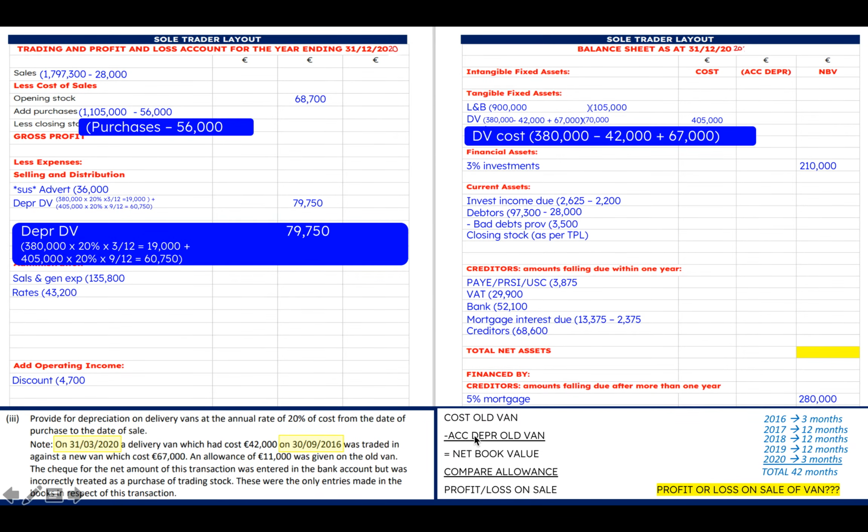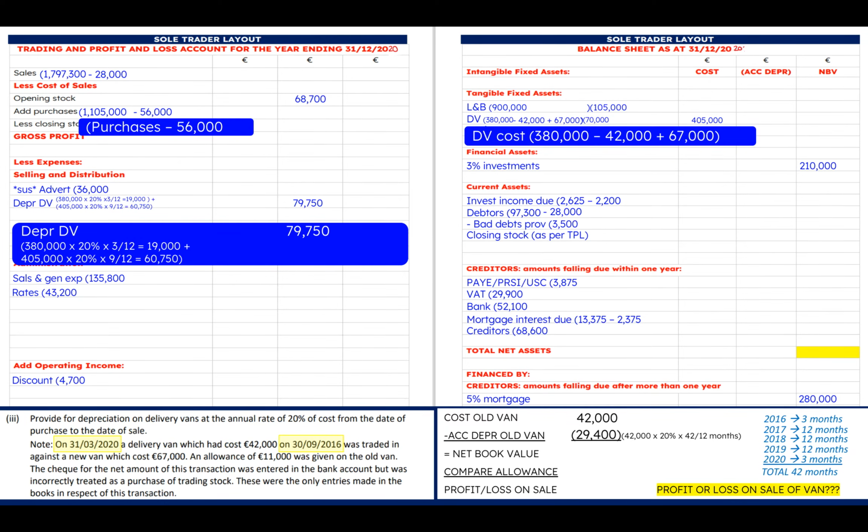Now we'll do it using our formula. The cost of the old van minus accumulated depreciation is what it was worth at the time of sale, the net book value. We'll compare it to the allowance, and that tells us whether we made a profit or a loss. The cost of the old van was 42,000. The accumulated depreciation, 42,000 by 20% by 42 over 12 months, the length of time we had it for, was 29,400.